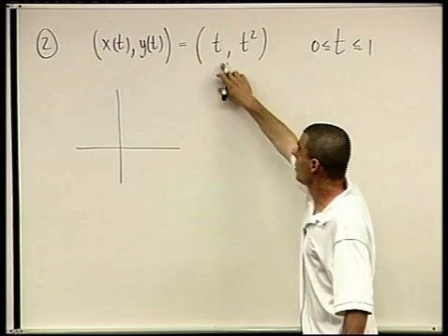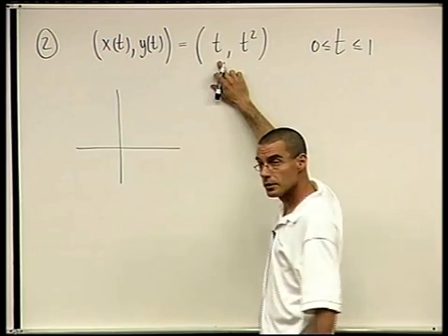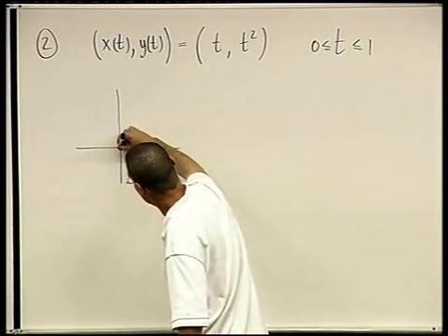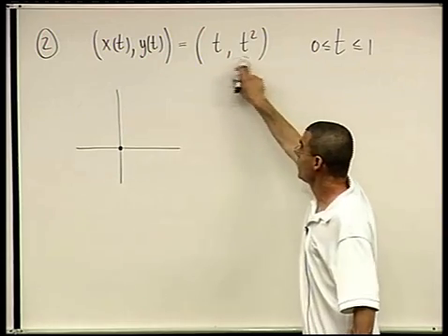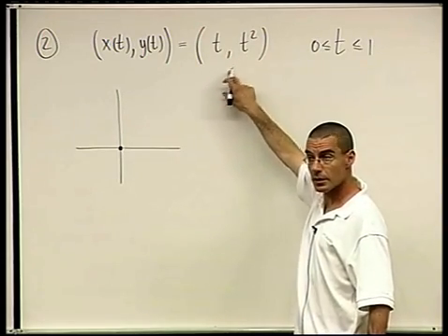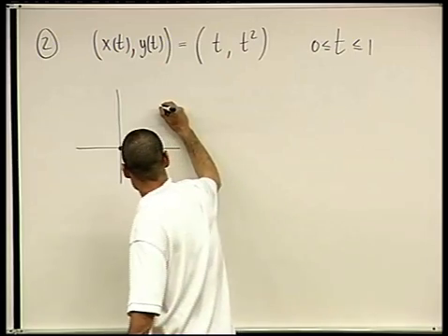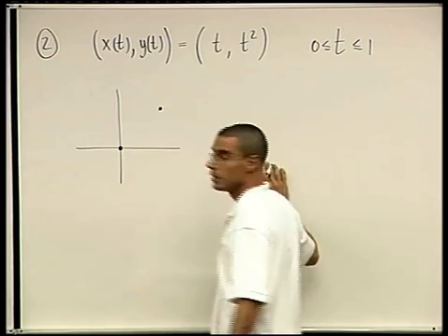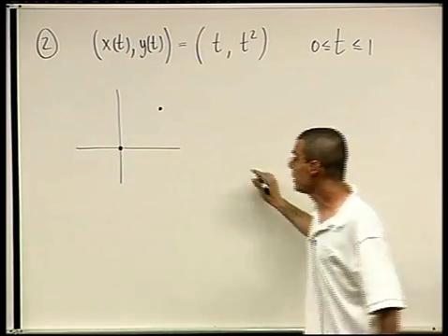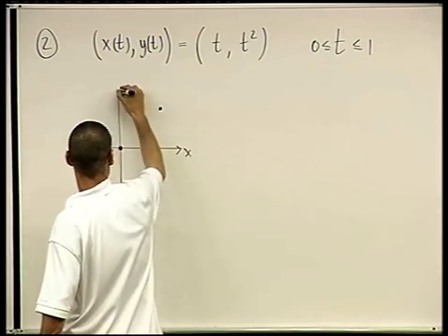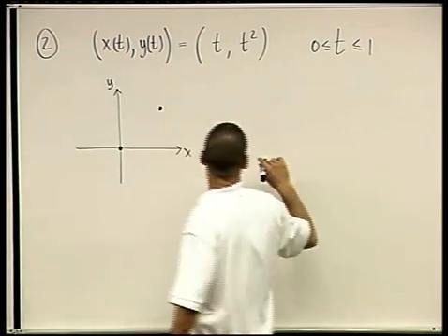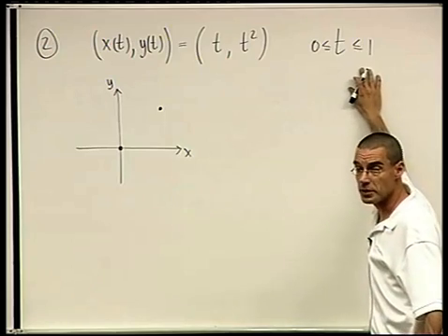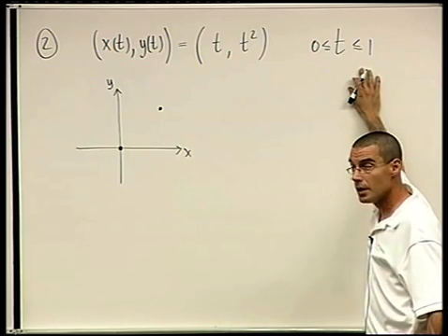When t is 0, what do I get? The origin, right. When t is 1, what do I get? The point 1, 1, which is somewhere here. Does everybody agree? This is x and y. What happens when t ranges anywhere between 0 and 1?